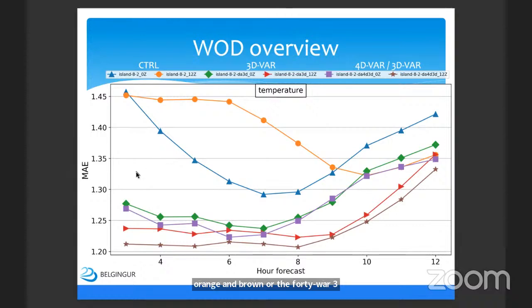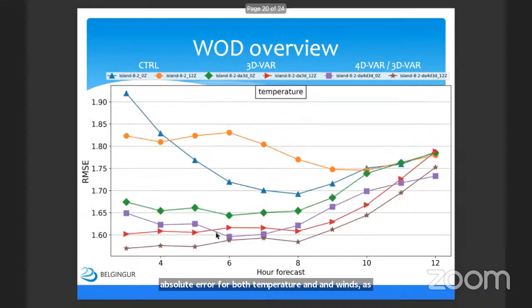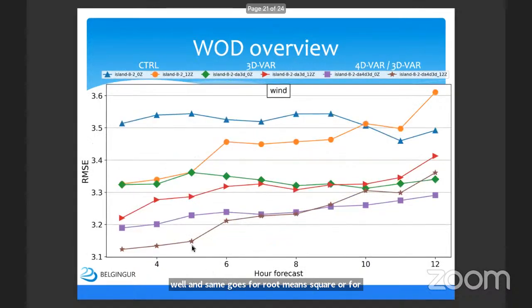So just turning on the 3D VAR or 4D VAR simulation is reducing the mean absolute error for both temperature and winds as well. And same goes for root mean square error for temperature and winds.